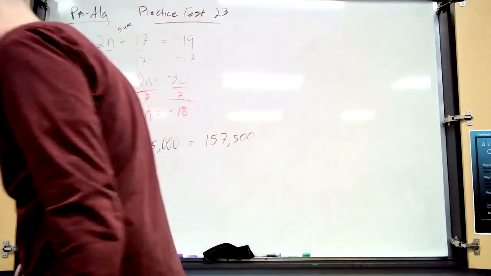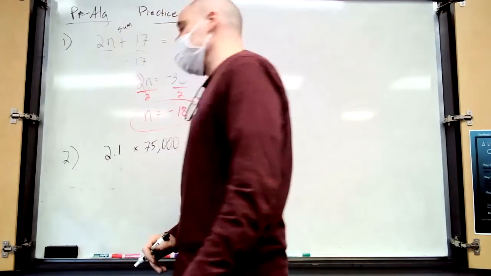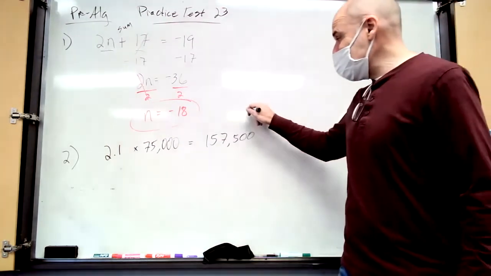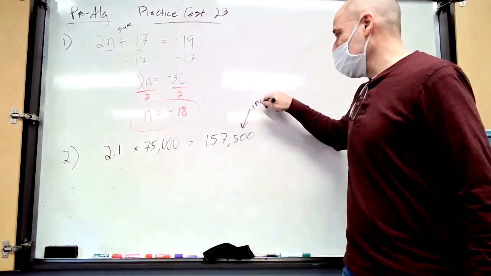157,500. Is that my answer? Okay, half of you will say yes right now, and half of you will say no. Why is this not my final answer? Because you have to do more. This is a percent increase. This is how much it went up.